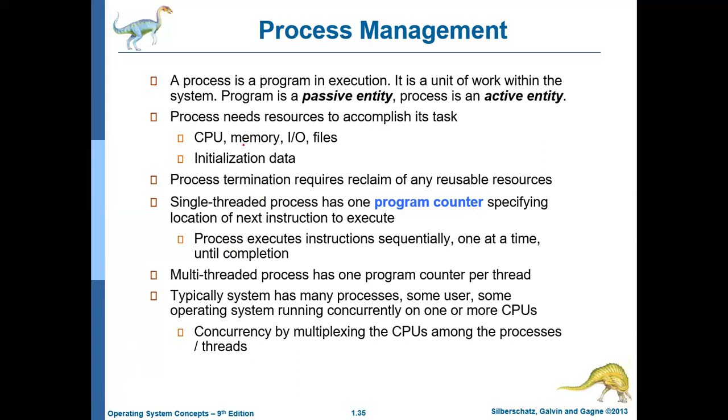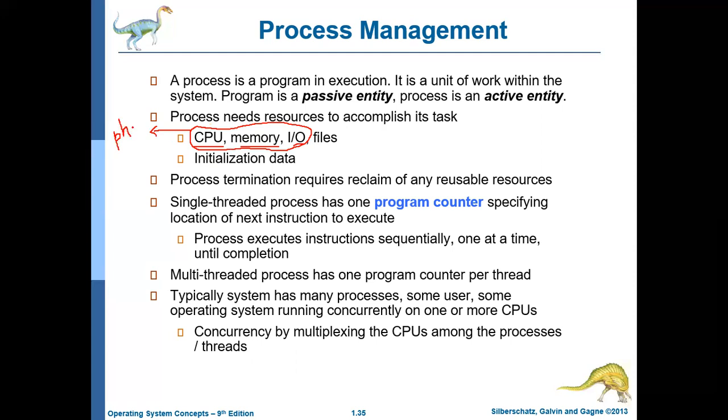For example, CPU time, CPU, memory, and IO devices all come under physical resources. For a process to execute, the CPU should be allocated, it needs some space in memory, and it may want to access some IO devices like a keyboard, mouse, or printer, whatever it may be. So these are all the physical resources required by a process.